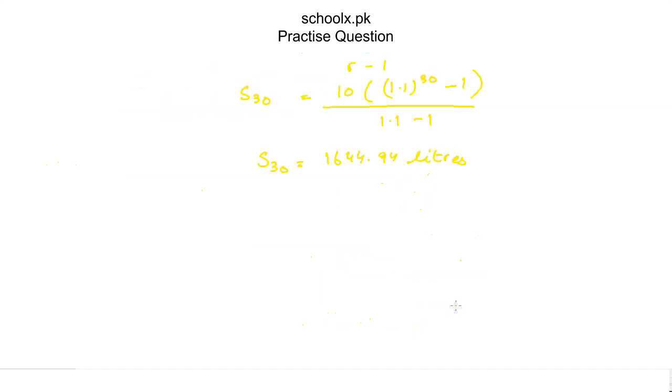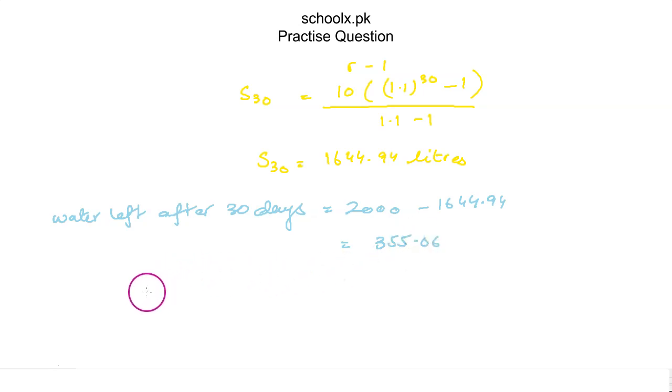So water left after 30 days is 2000 minus 1644.94. This is equal to 355.06 liters, right?